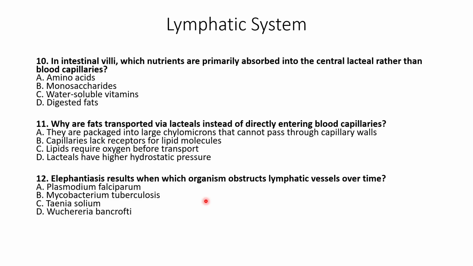So there are treatments, though. I think ivermectin can be used, and also people do have surgery for cleaning it up and draining the lymph and so on. Yeah. So that's about lymphatic filariasis, or elephantiasis.